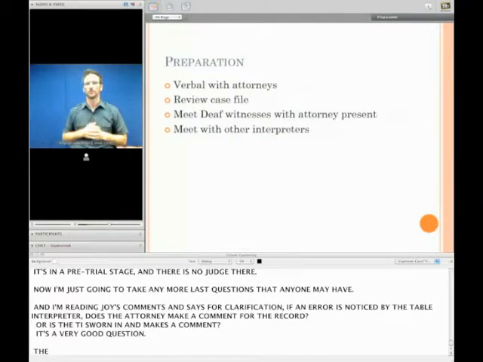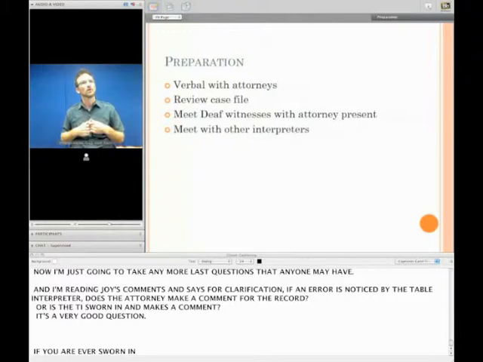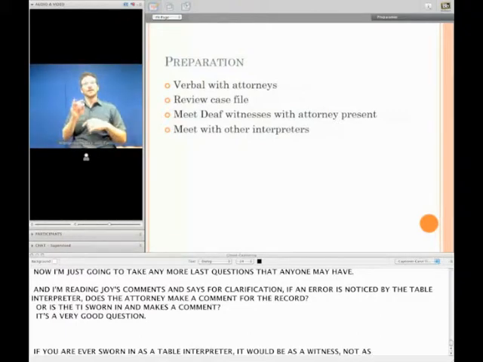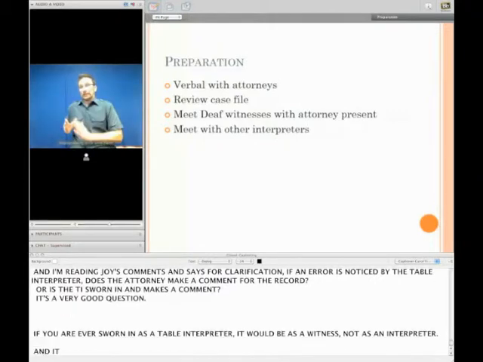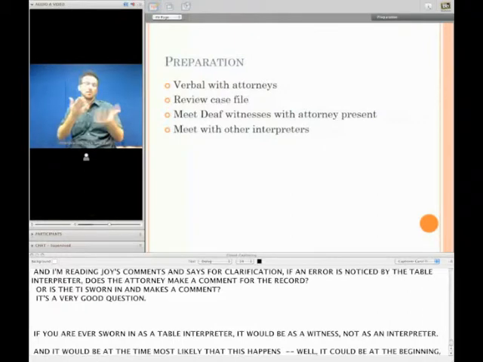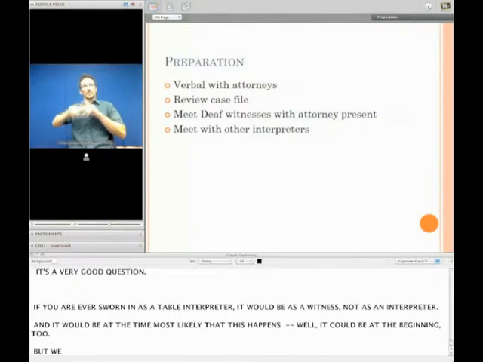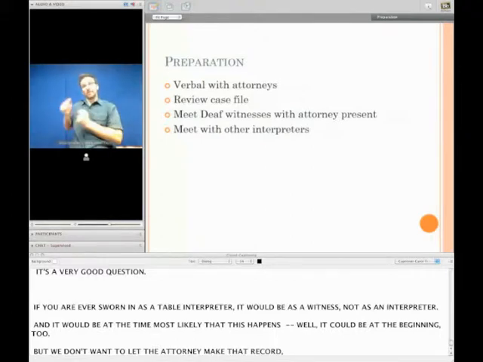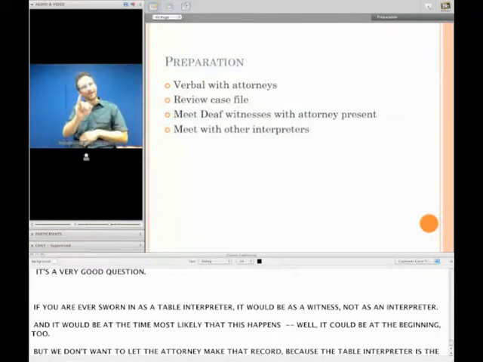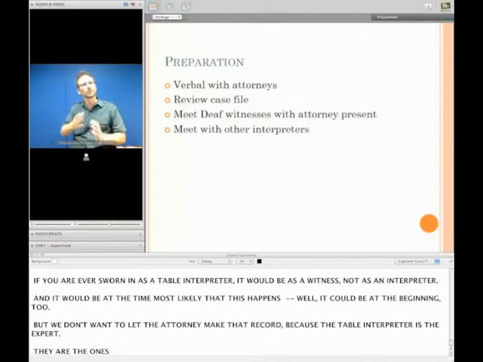If you are ever sworn in as a table interpreter, it would be as a witness, not as an interpreter. And it would be at the time most likely that this happens. Well, it could be at the beginning too. But we don't want to let the attorney make that record, because the table interpreter is the expert.